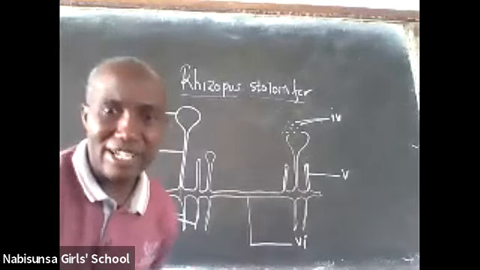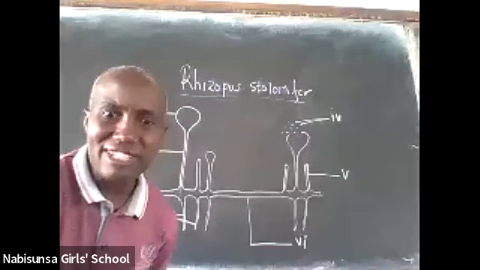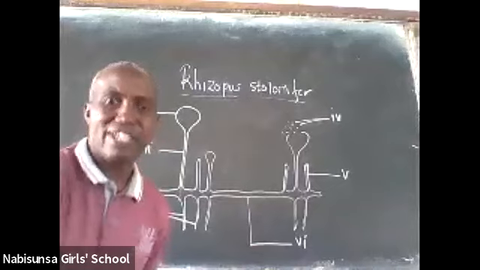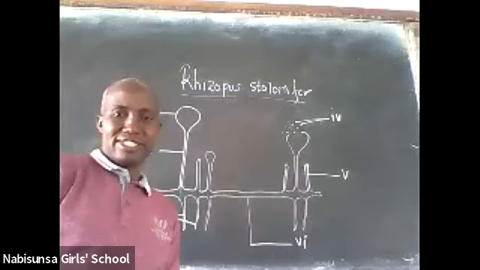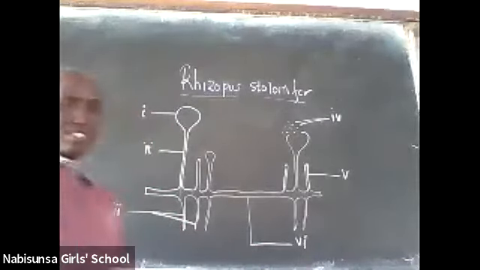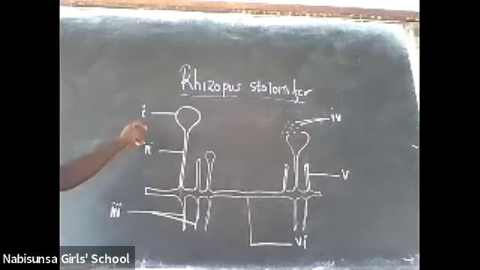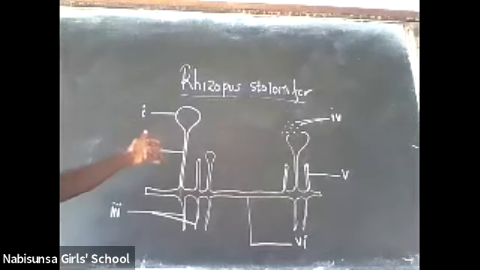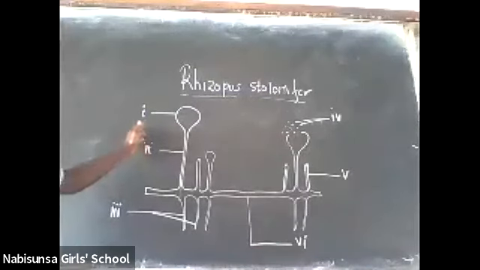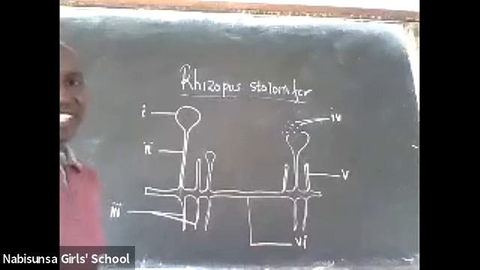Okay, I have many hands. I'll start with Abe. Yes? It was Marilyn, but let me start with I. I is Sporangiophore. I is Sporangium. These are Roman numerals, 1, 2, 3. So which one are you naming?